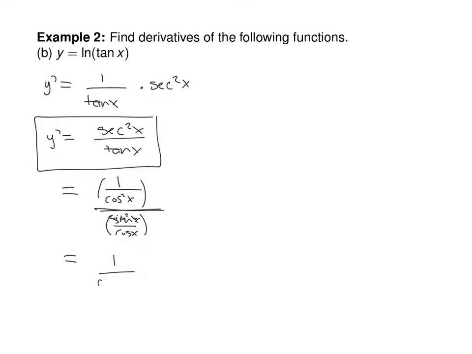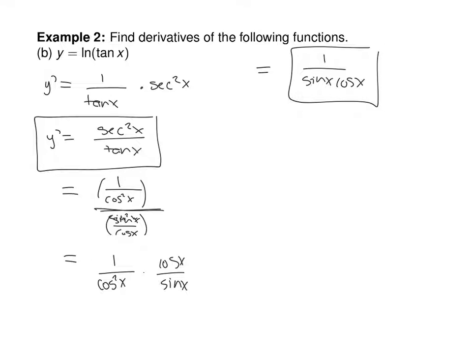So you've got 1 over cosine squared x times cosine x over sine x. Or that's looking to be 1 over sine x cosine x, right? I wouldn't ask you to do that, but it's good to know that it's possible. Okay. Never mind, not that one.